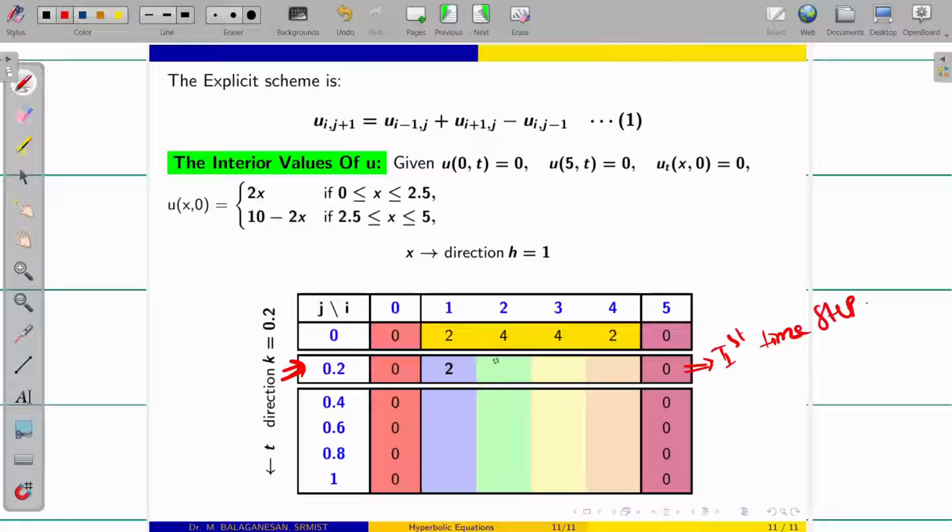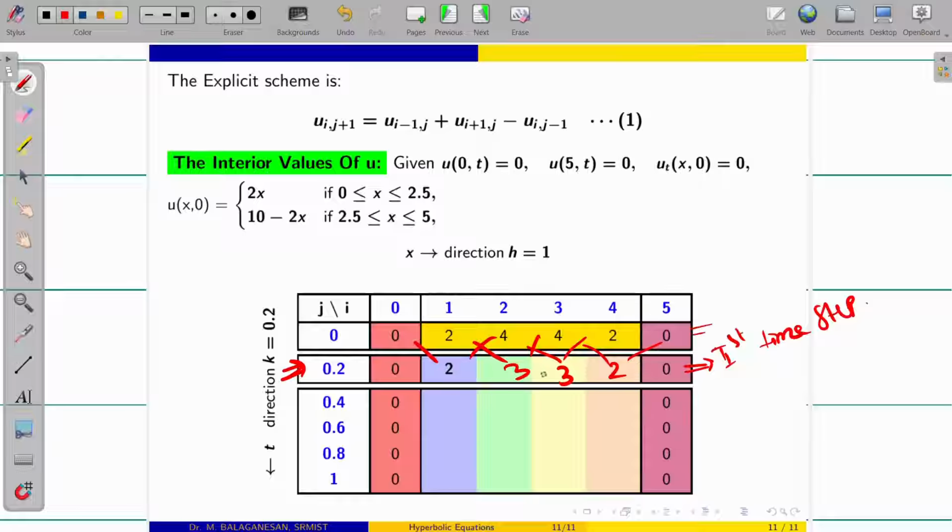It will be the average of this and this: 2, again 3, again, 4 plus 2 divided by 2 will be 3. Again 4 plus 0 divided by 2 will be 2. The first time step only. First time step means not the first place; the beginning one is the initial time step, and then the first time step.